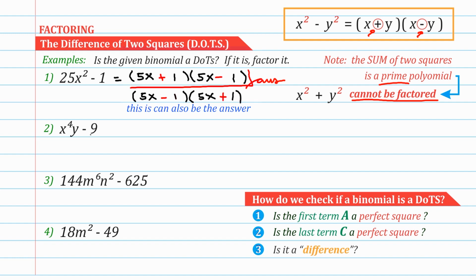Okay, let's try example number 2. First, is it a DOTS? Check natin. 9. Is 9 a perfect square? Yes, it is. Next, is x to the 4th y a perfect square? X to the 4th is a perfect square because the exponent 4 is an even number. Ang problema is itong y.